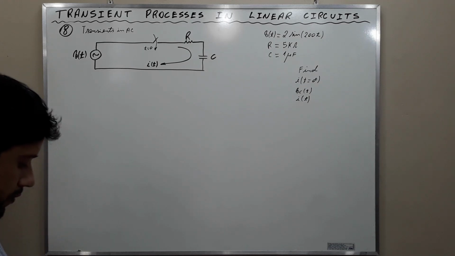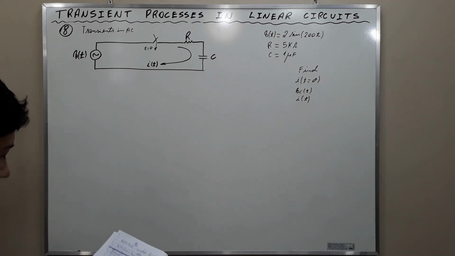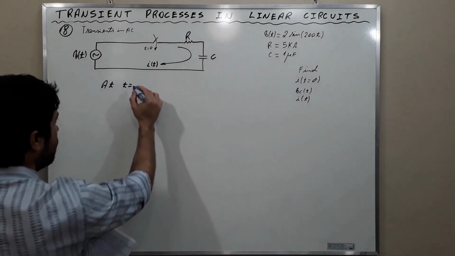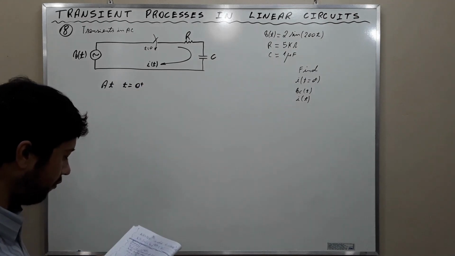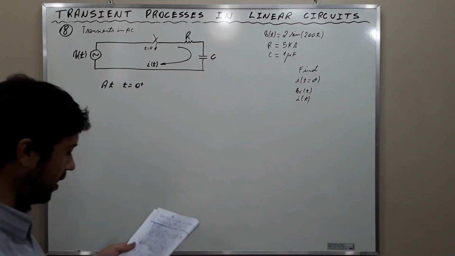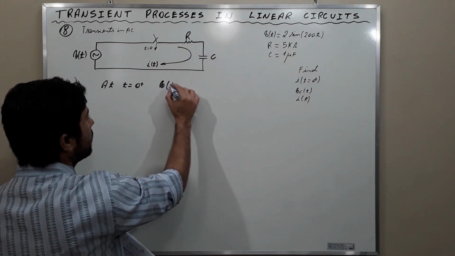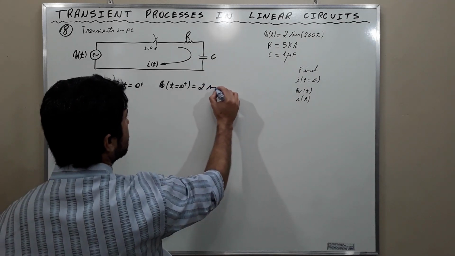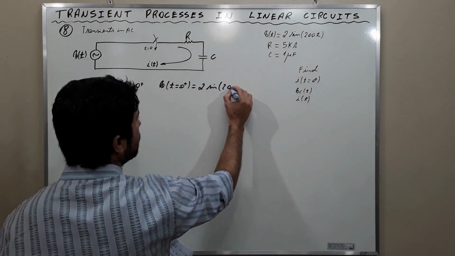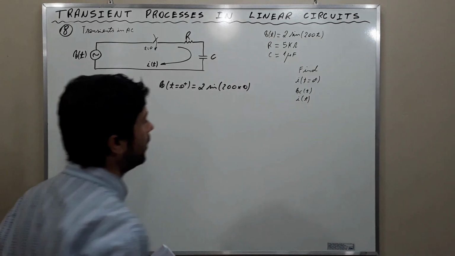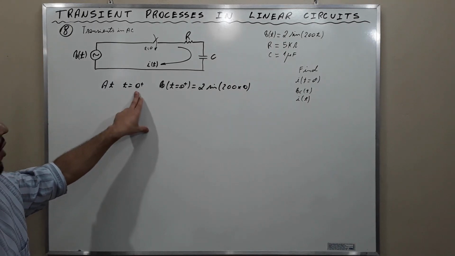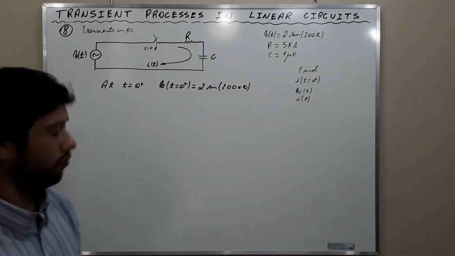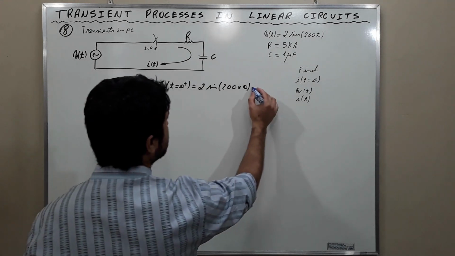Let's go to the solution. At t equal to 0 plus, the voltage of the power supply will be 2 times the sine of 200 times 0. And this is 0 volts.